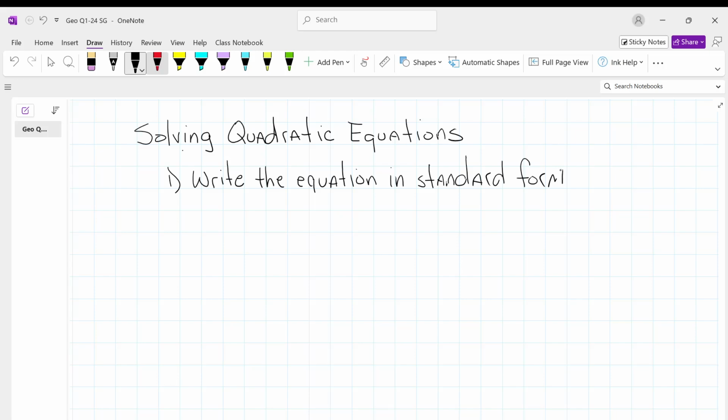And standard form is ax squared plus bx plus c is equal to 0. Then, once you have the equation in standard form, your second step is to factor the equation.